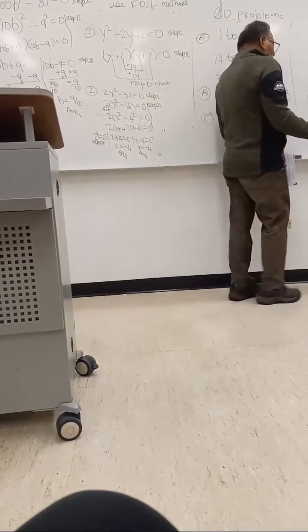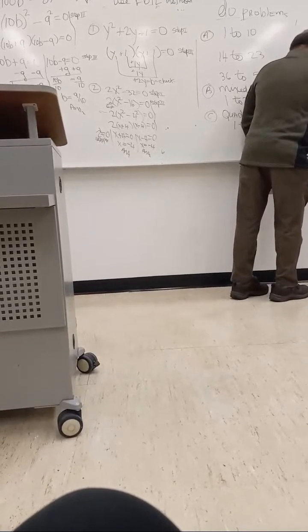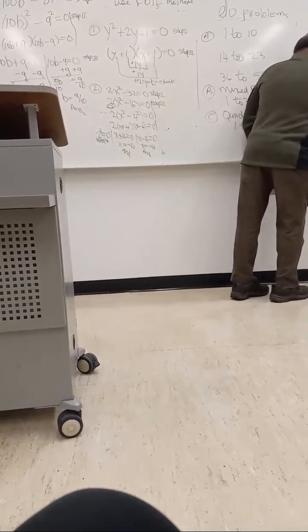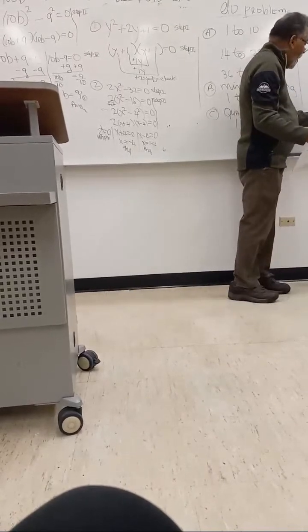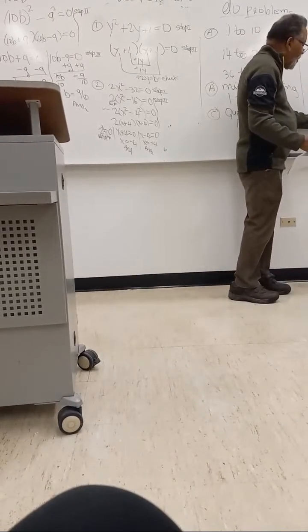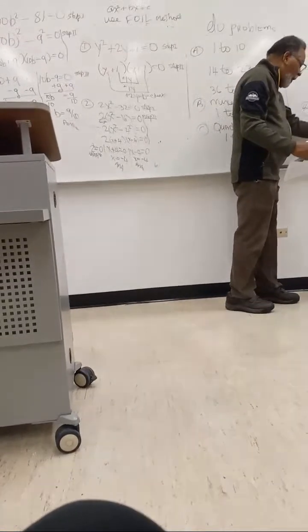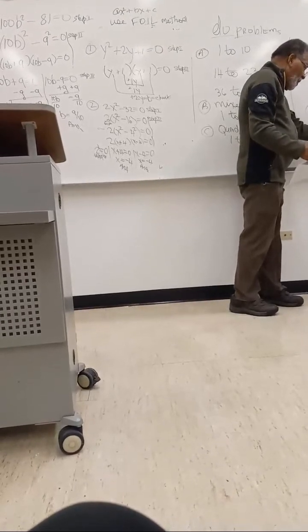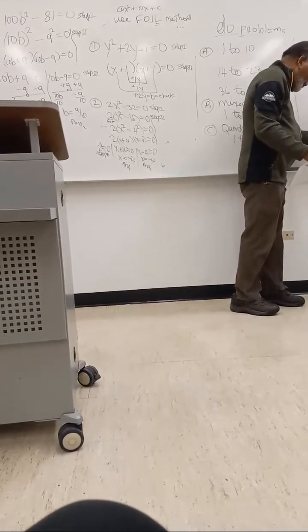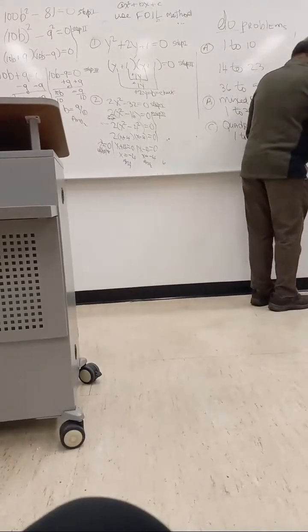The factor of the last term 8: I'm going to use 4 times 2. Once the first term is a 1, I don't have to think too hard. What two numbers multiply to give you 8 and add up to this middle term? 4 and 2 gives me 8, and if I add 4 and 2, I get 6. So I'm in good shape, and they're all positive.